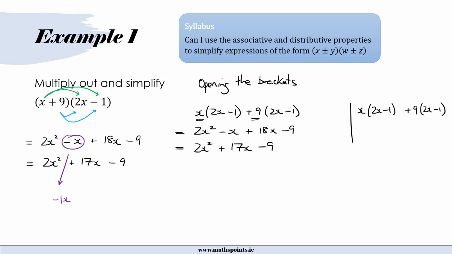So I went a little bit more slowly through that one than I will go through the rest of the sums, but just to explain the different methods: the arrows method, where you're working it out in your head, or multiplying each term in the first bracket by each term in the second bracket, or actually opening up the brackets to ensure that you don't forget any of the terms. Okay, so that's example 1.